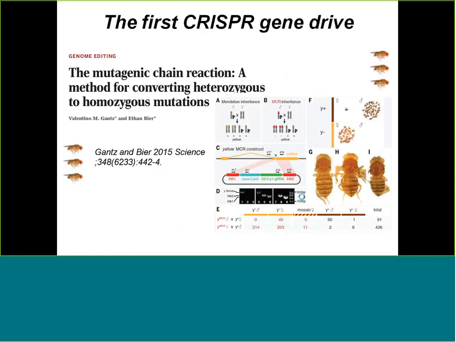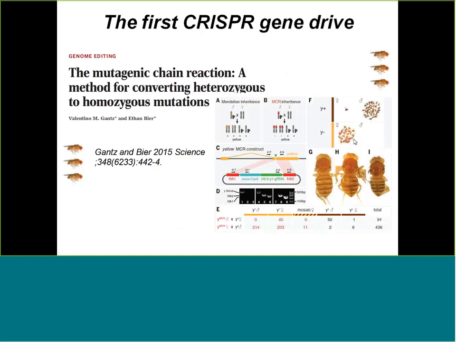And of course, we've seen that this was highly effective, at least in a few generations in Drosophila, through Ethan Bier's paper with Gantz, which was just published in Science last year, and kind of started the ball rolling really on this whole system, as far as gaining a lot more attention outside the vector biology community. But the same kind of concept, a nuclease on one chromosome and then the target site on the other, and this was able to transmit itself to 97% or more of the fly population in just 1 or 2 generations.